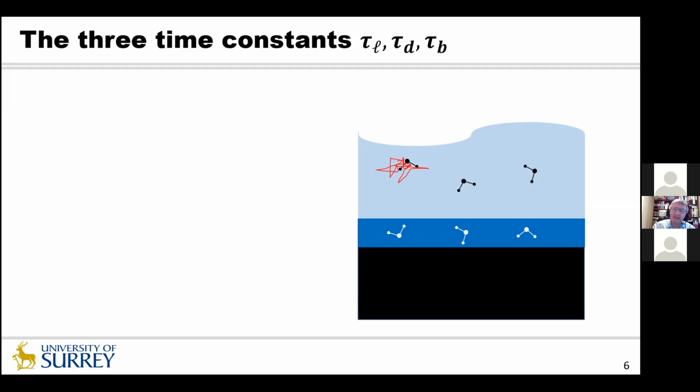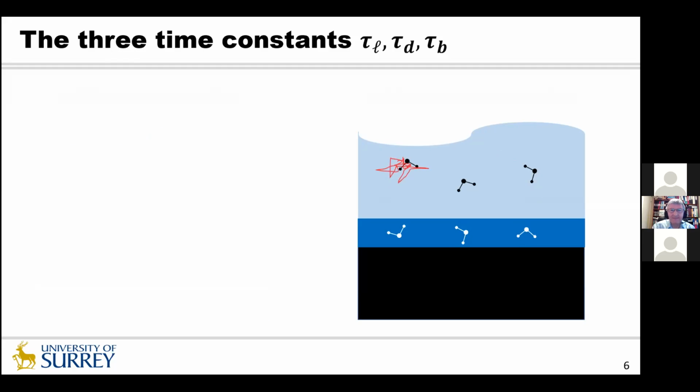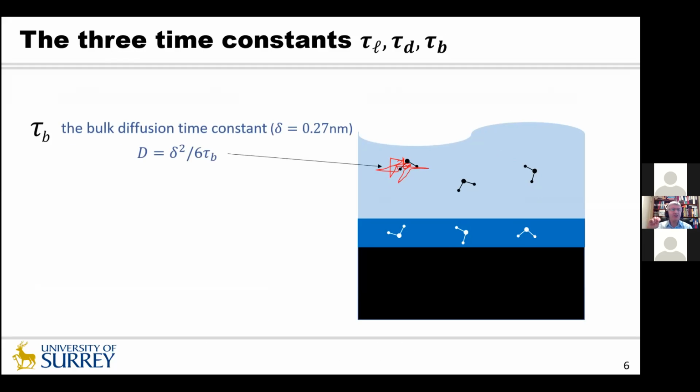Here's an example with the red squiggly lines. This gives us the bulk diffusion time constant tau B for bulk. So this is just defined in terms of the diffusion coefficient of the water with respect to a standard unit length, which is delta, which is 0.27 nanometers.